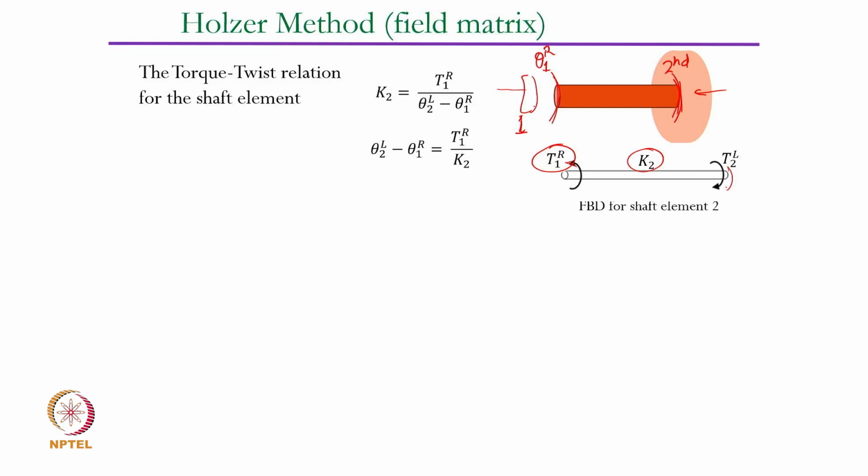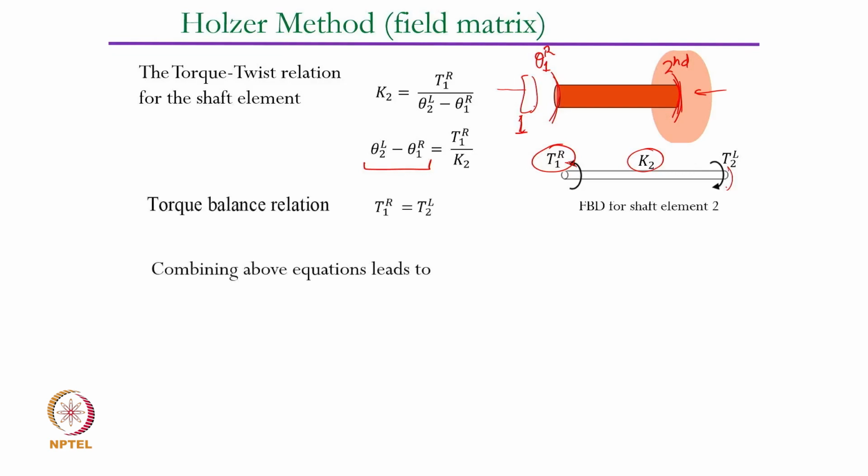They are two torques on the same shaft, so the two should balance each other out. So T1R will be equal to T2L, and then divided by K2 it will give you the net twist in the shaft across the two ends of the shaft. So theta 2 and theta R are related through this expression.